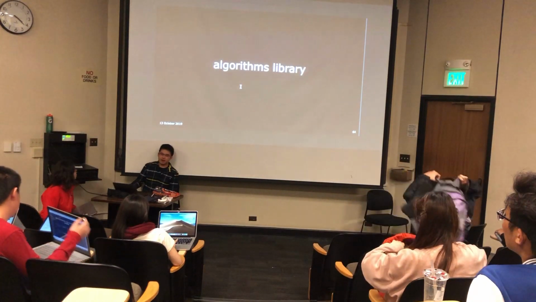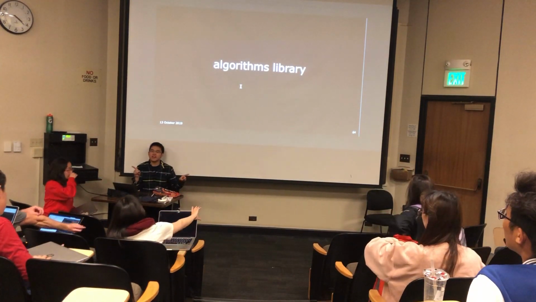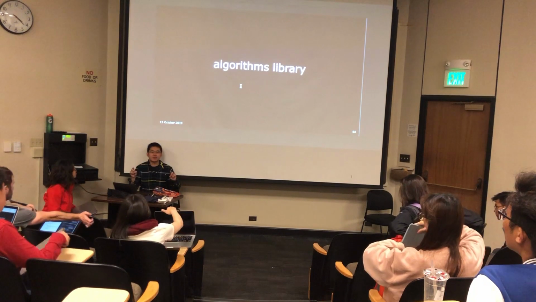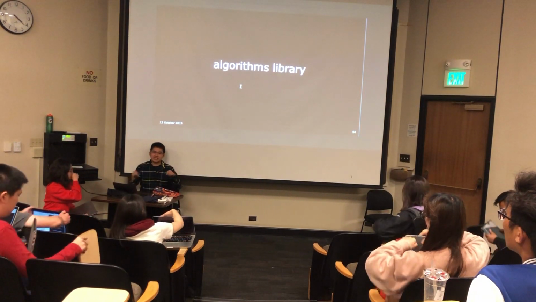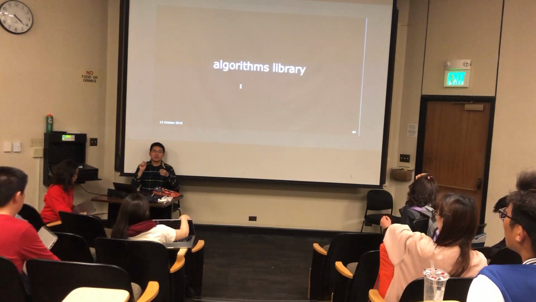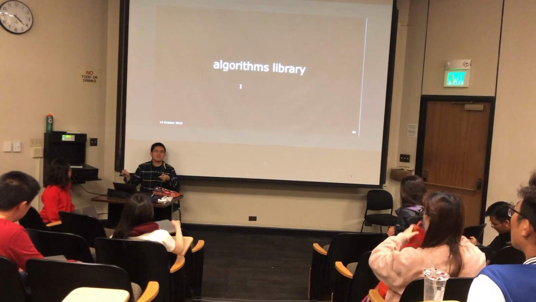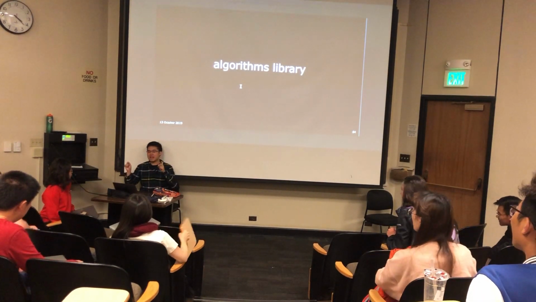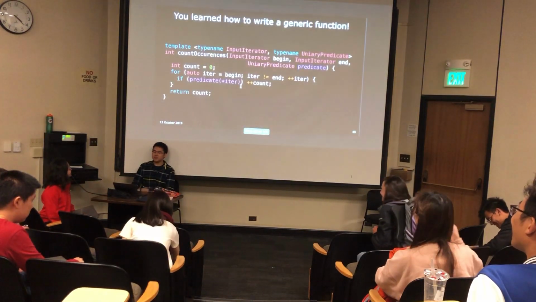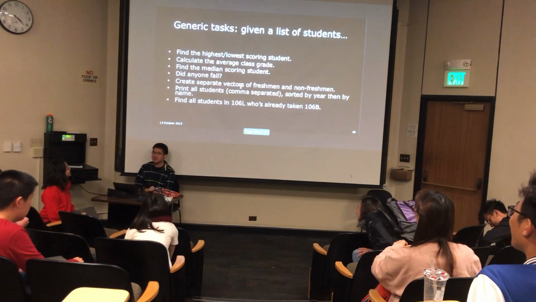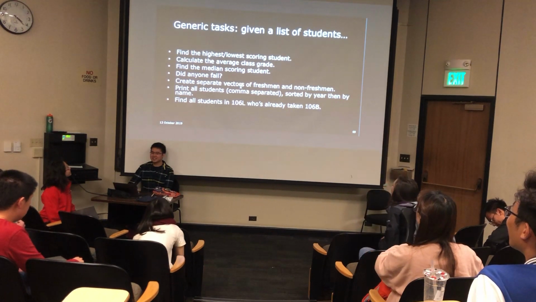I have an example with everyone who filled out the survey for assignment 1. I created a file which has your name, your year, and also your grade in 106B. Then we will do some tasks, like did anyone fail?